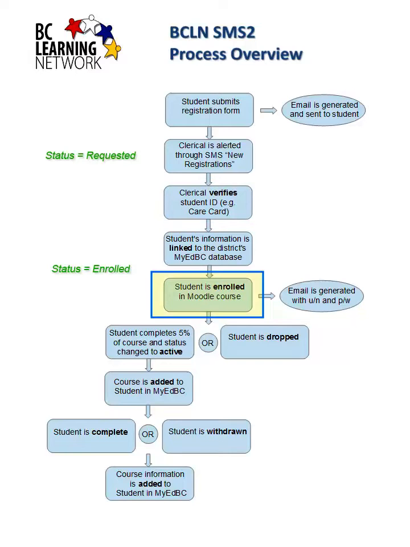And also the student, once you verified their ID, automatically gets their second email. And this is the email with their username and password and how to get started on the course.